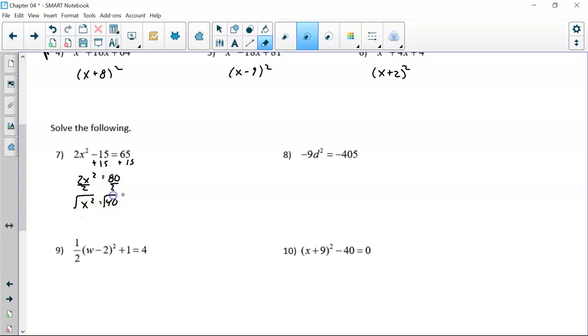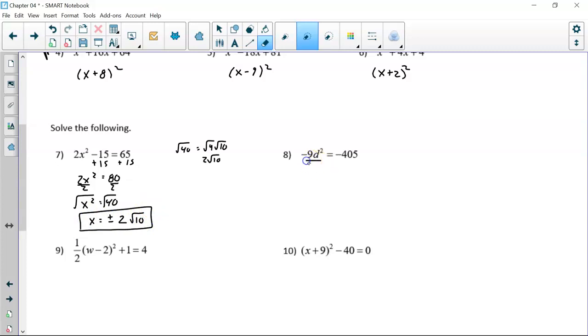We're going to take the square root of both sides. So x equals, when you solve by square root, you put your plus and your minus. We get 2 solutions. Now the square root of 40 we're going to simplify. It's the square root of 4 times the square root of 10, so 2 square root of 10. So x equals plus or minus 2 times the square root of 10, and that's our answer for that quadratic.